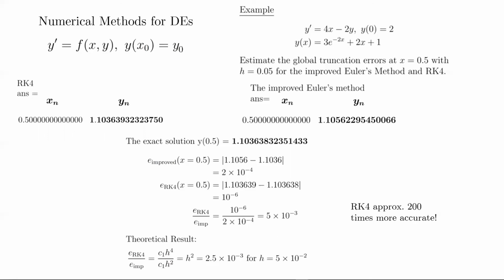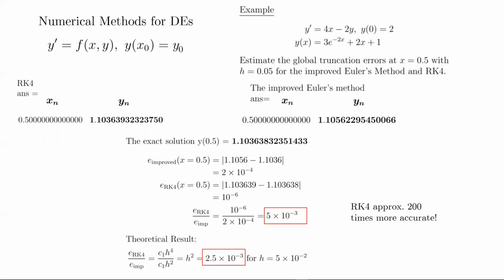So these are of the same order. This one is twice as big, but it's still of the same order. We got a little bit extra from our Runge-Kutta for this particular problem, but the point is, the expected and the theoretical result are relatively close.